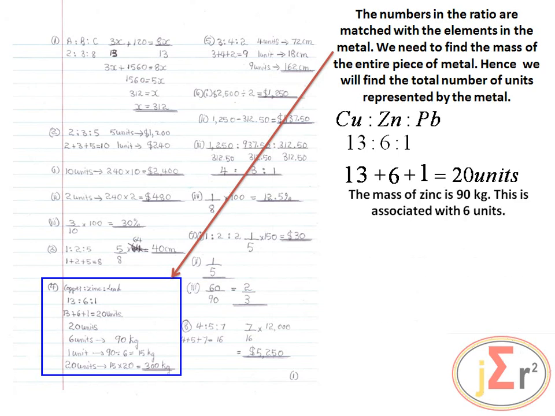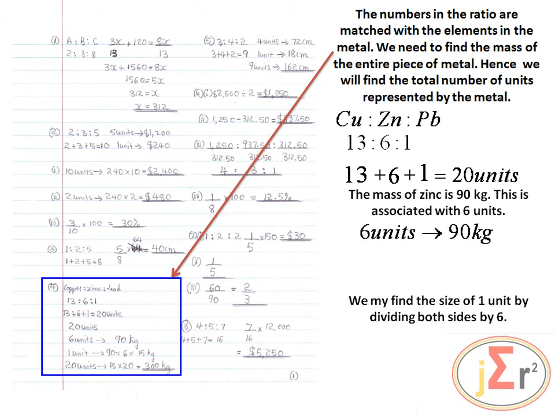The mass of zinc is 90 kilograms. This is associated with 6 units, as we have right here. Zinc, 6 units. Zinc, 90 kilograms. So 6 units represented with 90 kilograms.